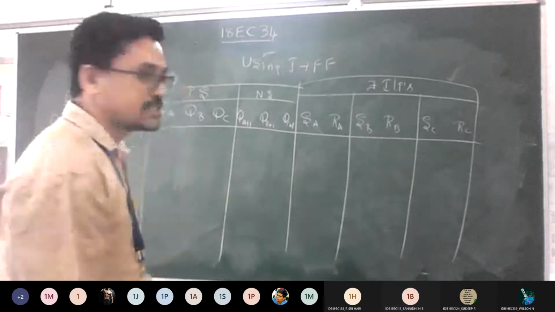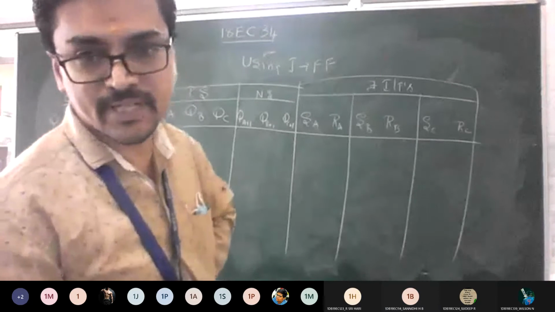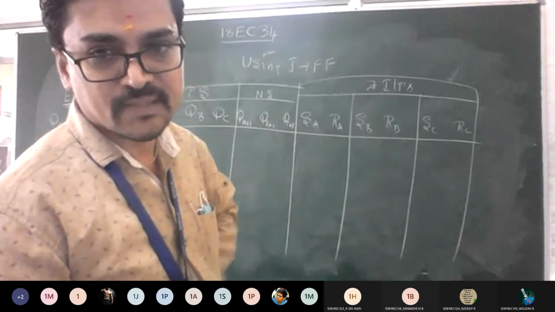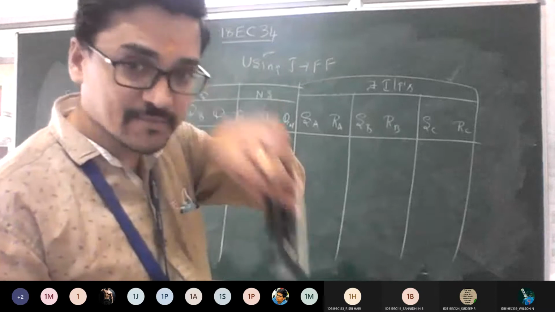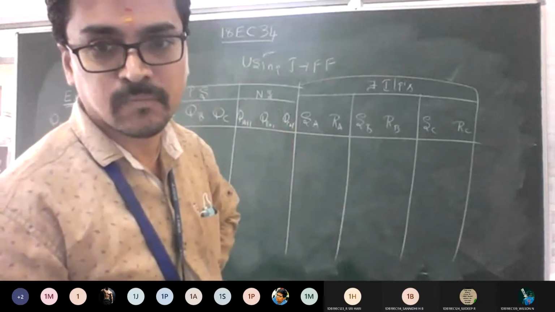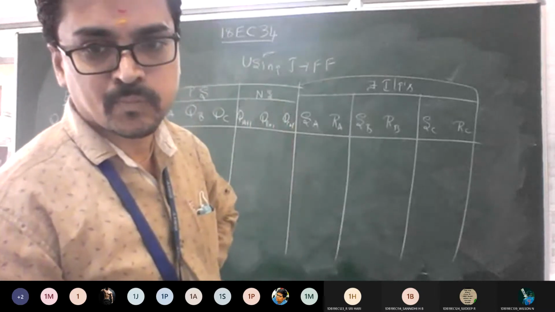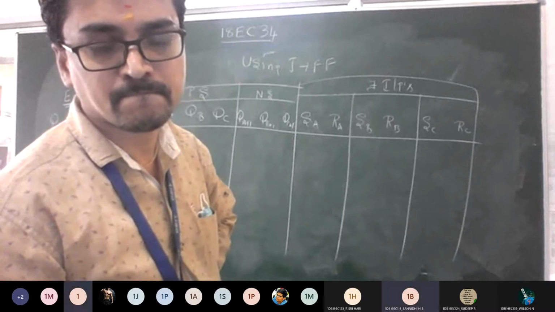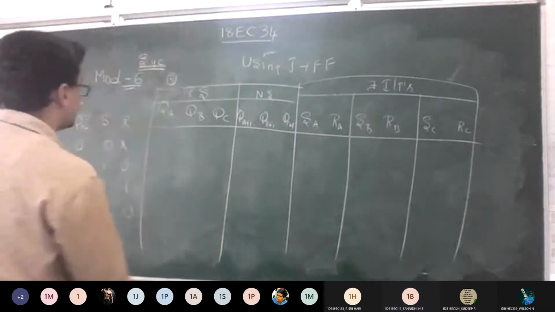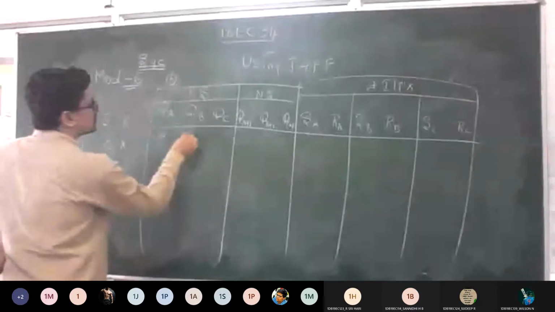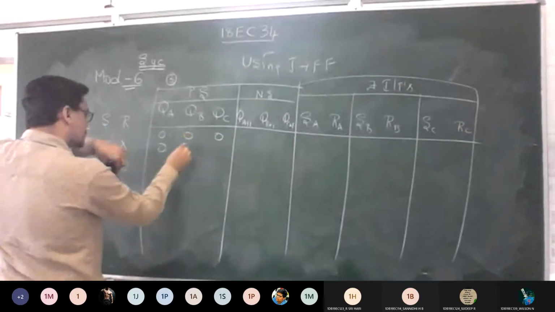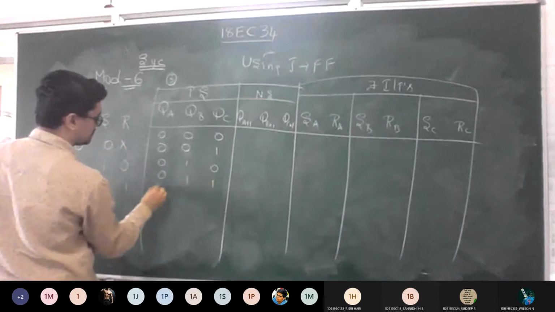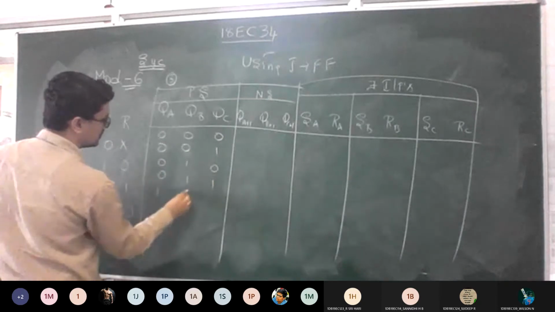Okay. So 3 states means how many combinations? 2 power 3, how much? 8. So you have to write the 8 states down. 0, 0, 0, 0, 0, 1, 0, 1, 0, 0, 1, 1, 1, 0, 0.